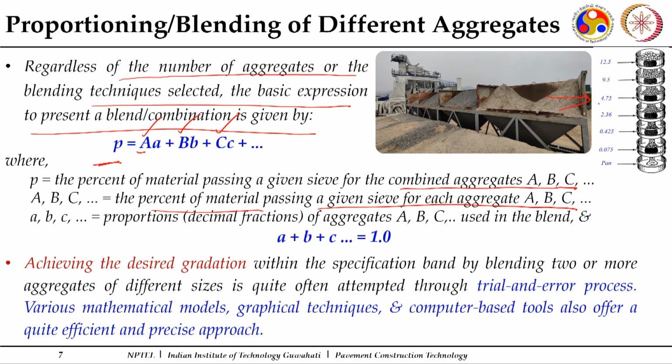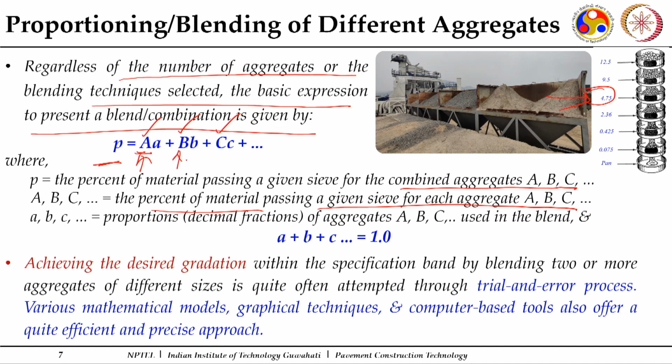So, if I am targeting, say, 4.75, and I have 3 aggregates A, B and C, then for A, how much percentage of it is passing through 4.75 will be written here. How much percentage of second material B is passing through 4.75 has to be written here.